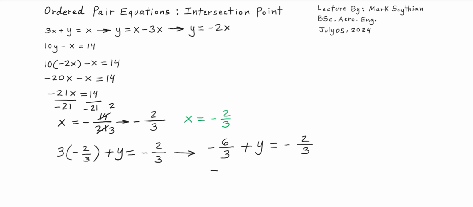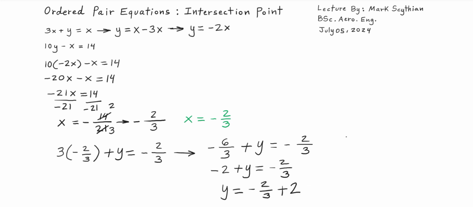So negative 6 over 3 becomes negative 2, plus y is equal to negative 2/3. So then y is equal to negative 2/3 plus 2, because we bring the negative 2 from the left side to the right side, so plus 2.